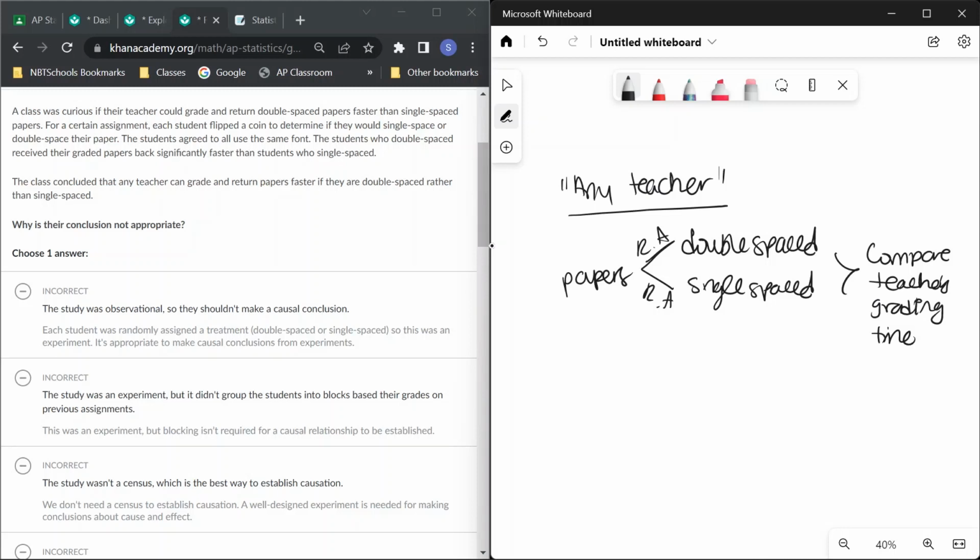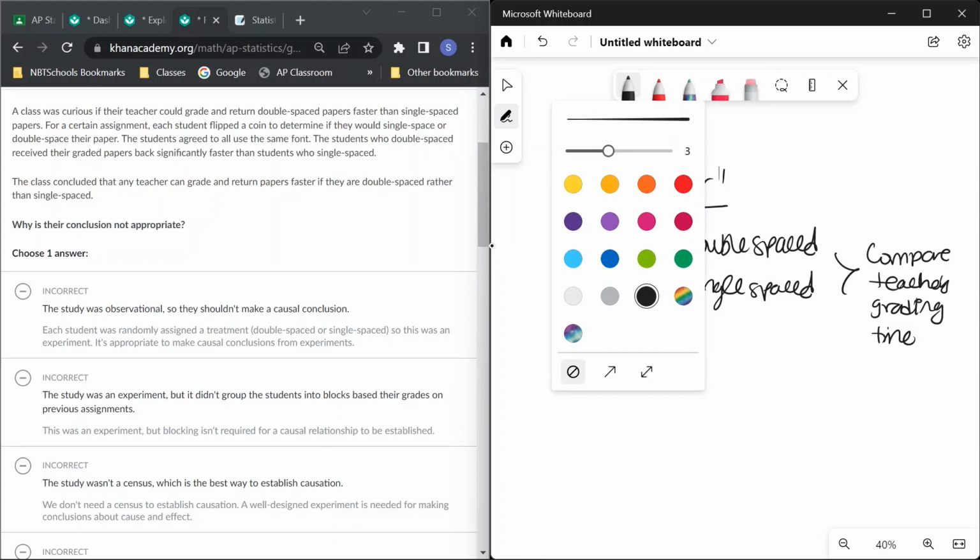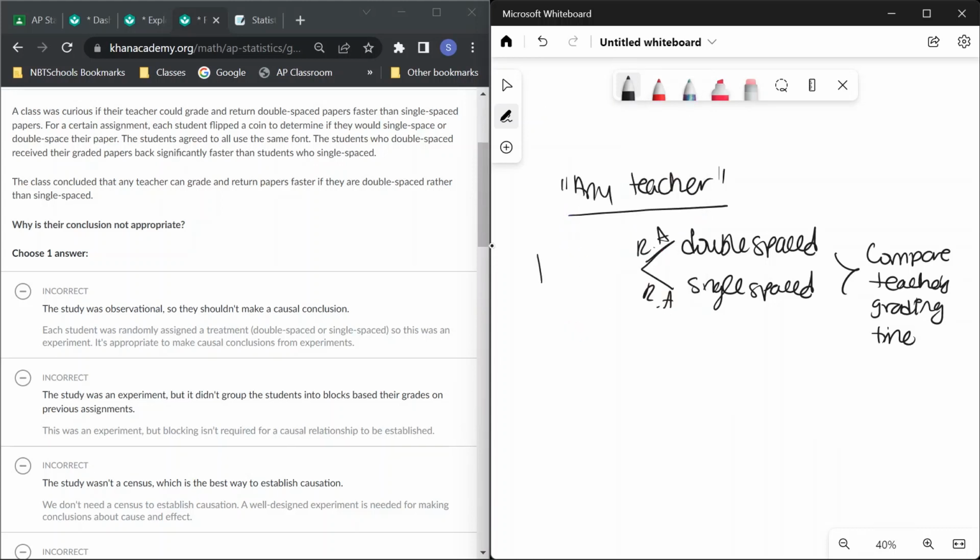Or maybe it's the teacher being randomly assigned double-spaced papers and single-spaced papers, and then you're comparing the teacher's grading time.